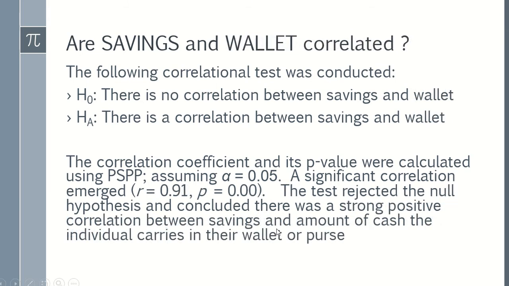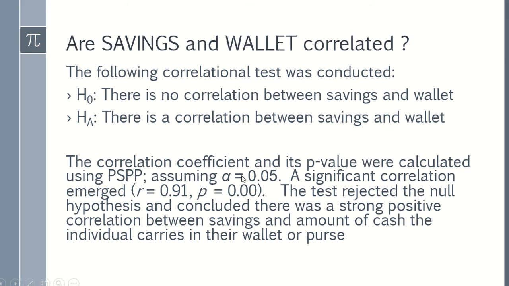Now, if we look at savings and wallets, are savings and wallets correlated? The null hypothesis says there's no correlation between saving and wallets. The alternative is that there is a correlation between the two variables.